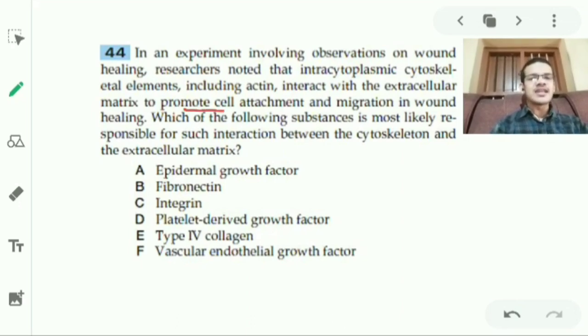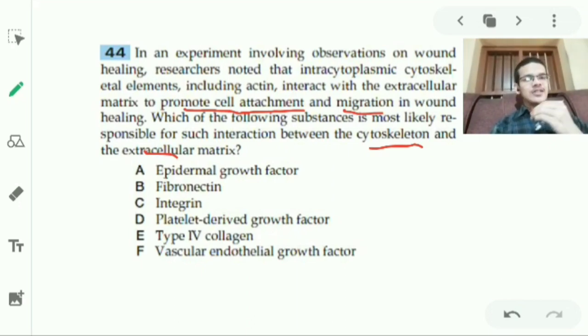So the keywords are cell attachment and migration in wound healing. Which of the following substances is most likely responsible for such interaction? So basically the question means what connects the intracellular cytoskeletal elements to the extracellular matrix proteins. So what connects or what attaches?